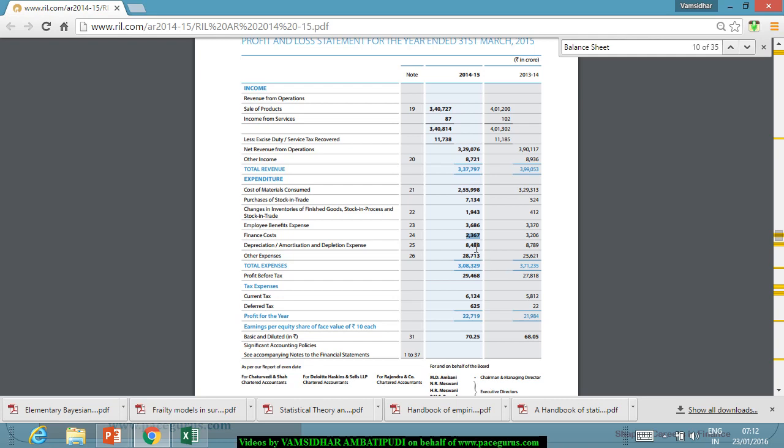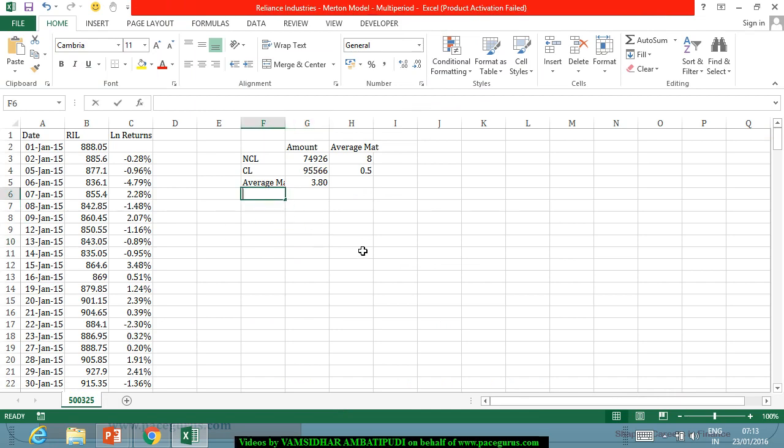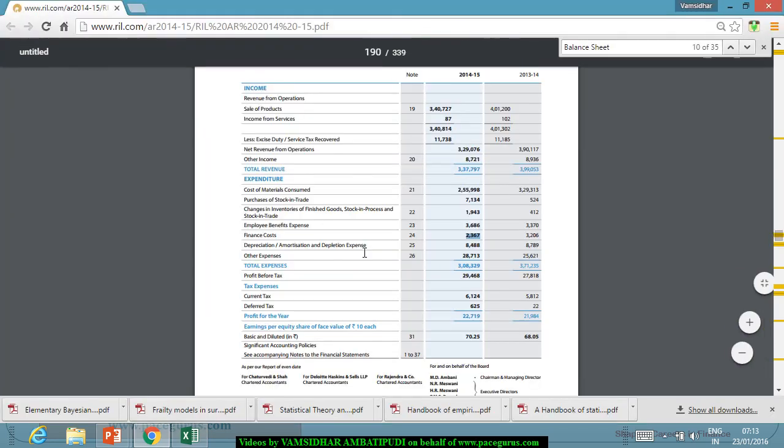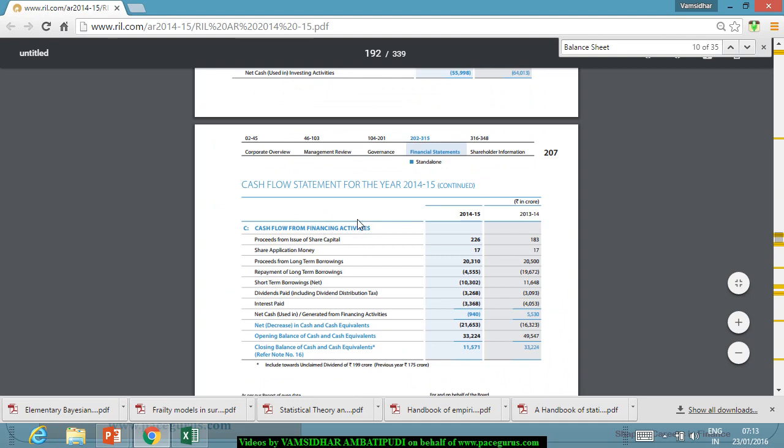So I'll take the current year's numbers. Let's say the interest I'll take for the current year, which is the financing costs, 2367 crores. So I have one piece of information. I can also look at the dividends. From the cash flow statement, I'll try to find out what is the dividend paid.